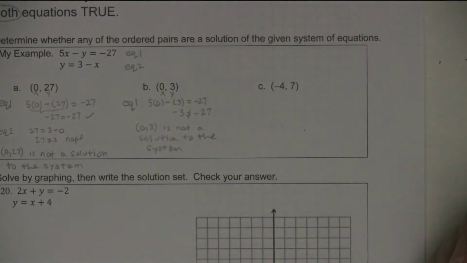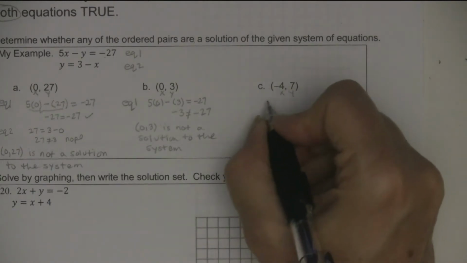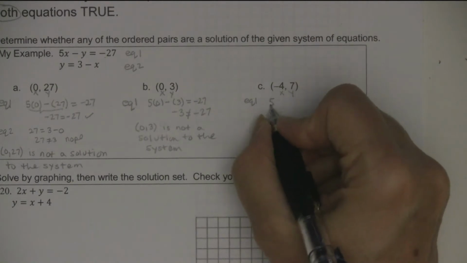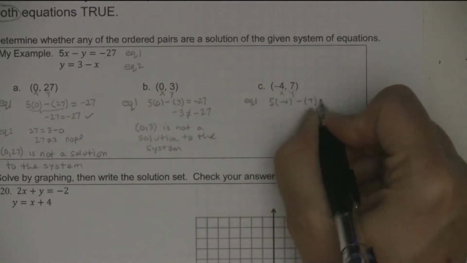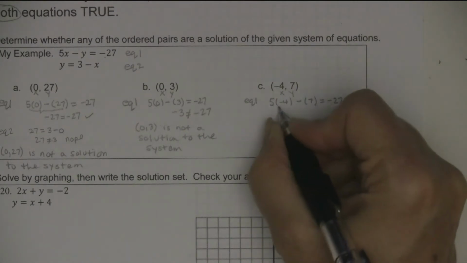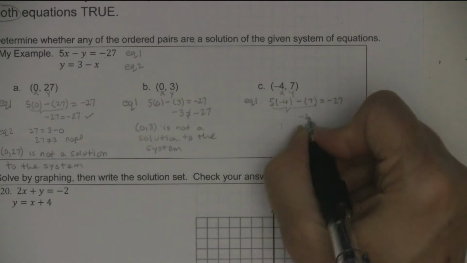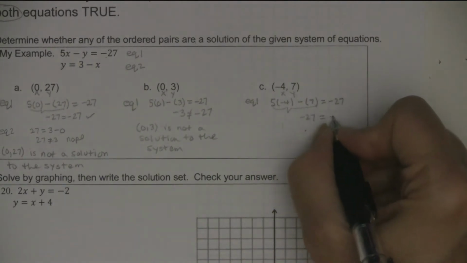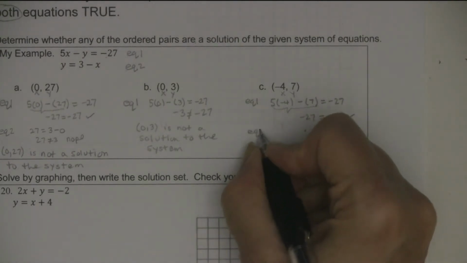Now we're looking at (negative 4, 7) to see if it is a solution. So equation 1: 5 times negative 4 minus 7 equals negative 27. You could use your calculator or your head, and you can see that negative 20 minus 7 is negative 27, and that does equal negative 27, check. And how about equation 2?